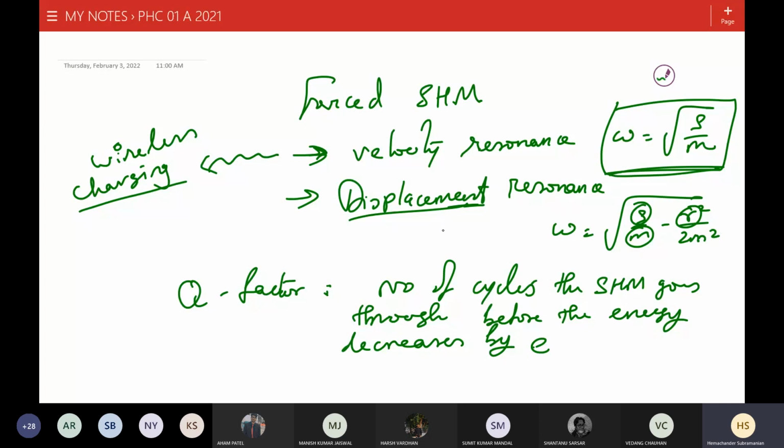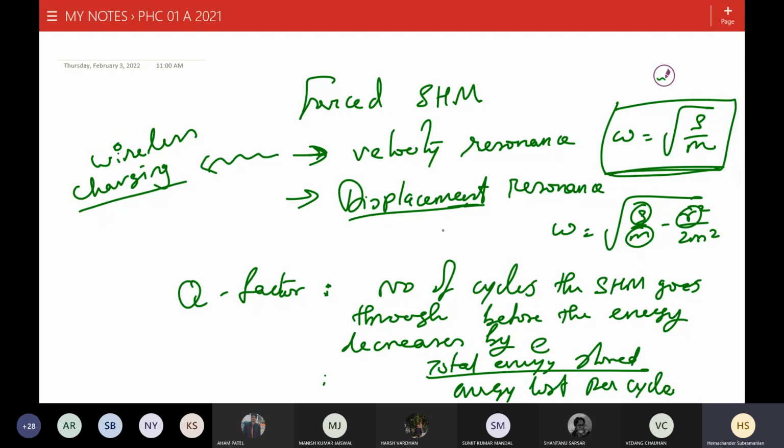Is there any other definition for Q factor that we came up with? The total energy over energy lost per cycle. Good. Total energy stored in the system divided by energy lost per cycle.